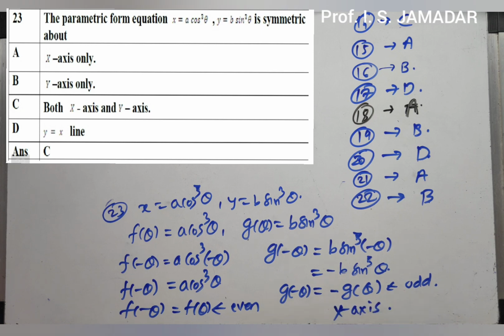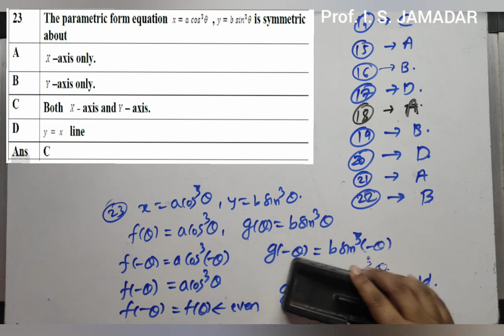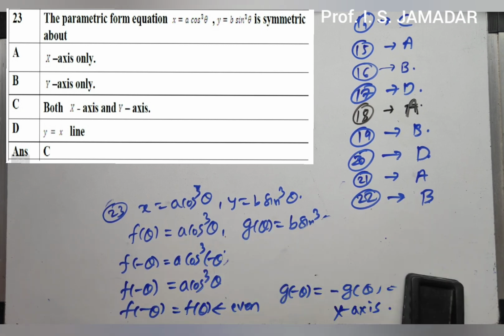But as there is trigonometry, the symmetry about y-axis fails, because we have symmetry about y-axis when f is odd and g is even. If that second rule fails here, the first rule passes. Symmetry about x-axis we have, but in the example there is trigonometry, so we have to go with the replacement of theta by minus theta.